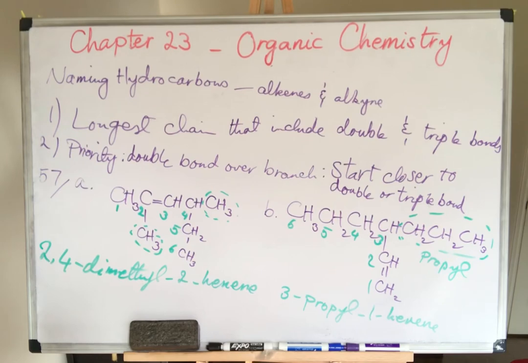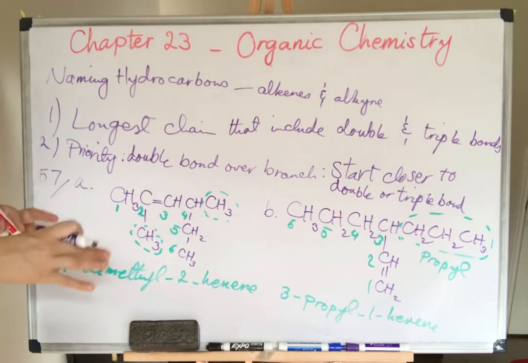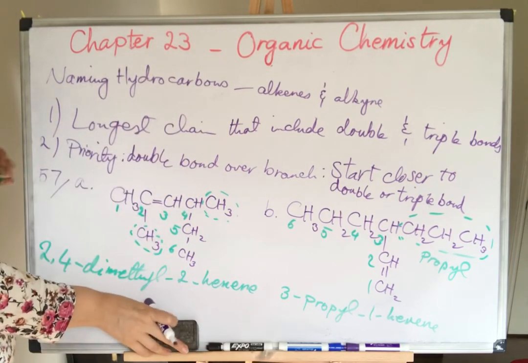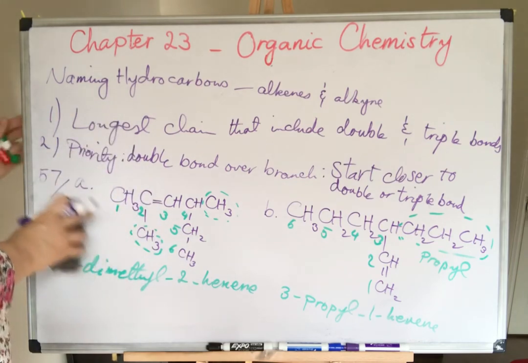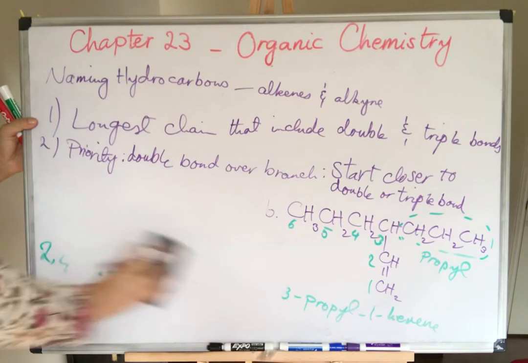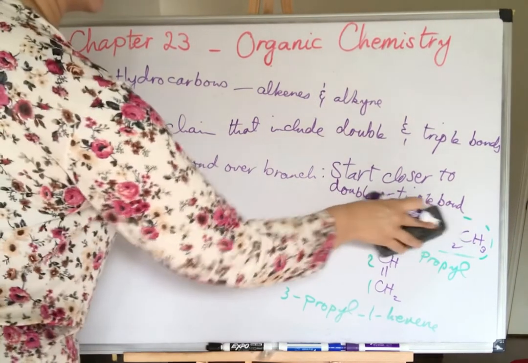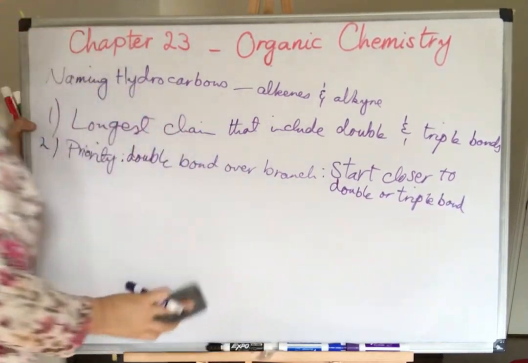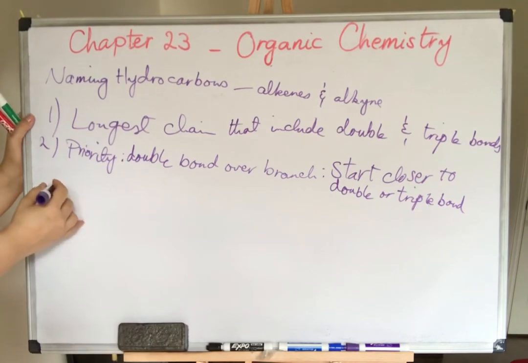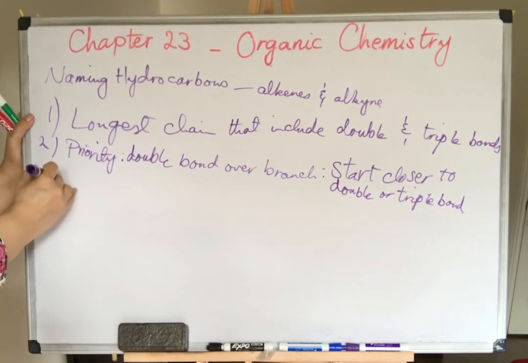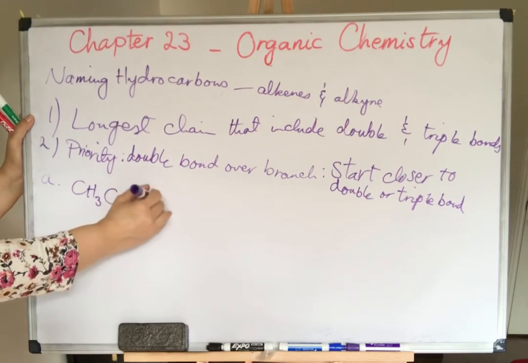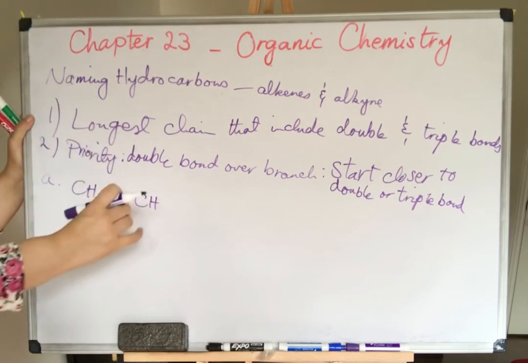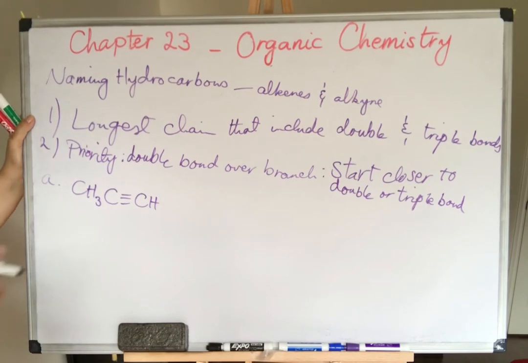For the alkynes, the same exact rules as alkenes, but you just work with the triple bond and the ending should be Y-N-E. So on slide number 58, you have CH3, C, CH. In each case, every single carbon must have a complete octet.